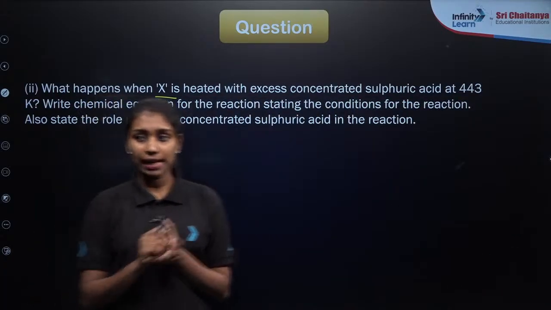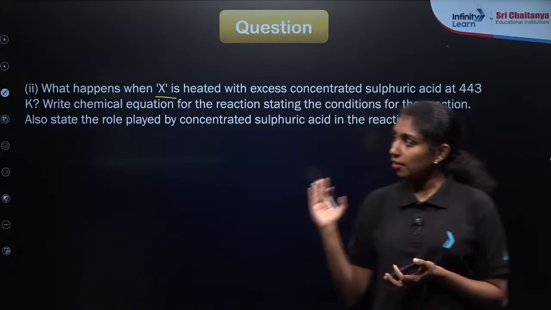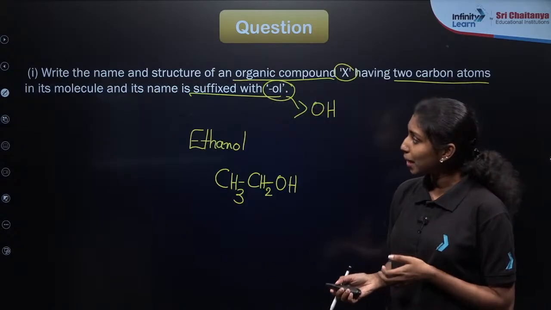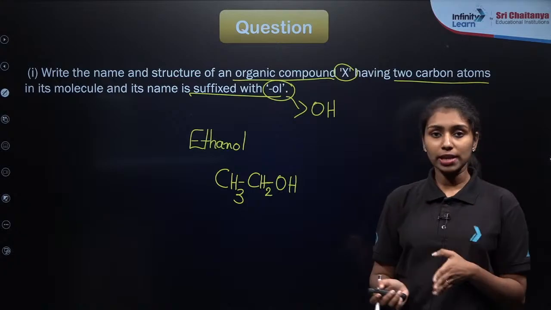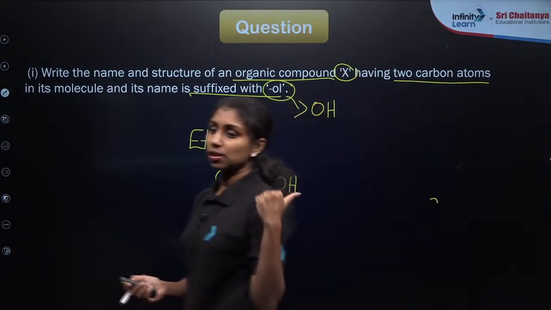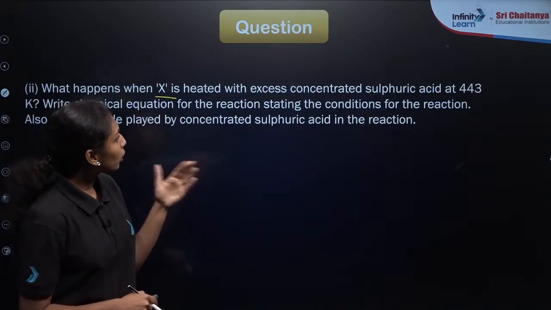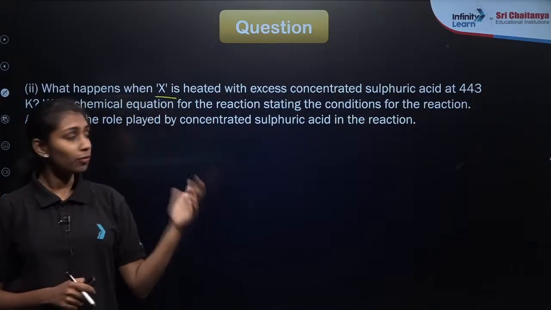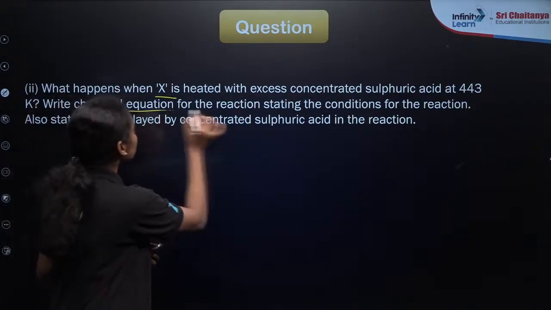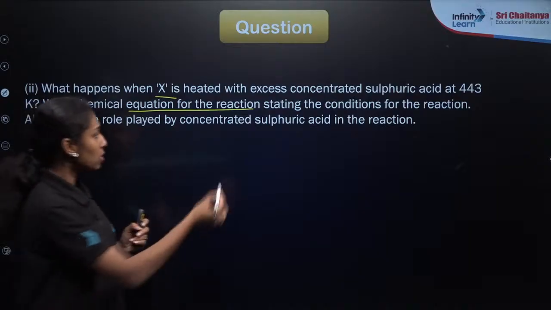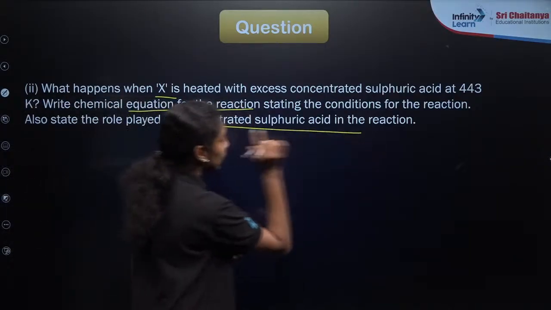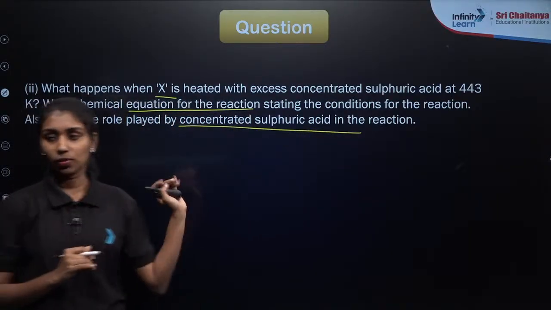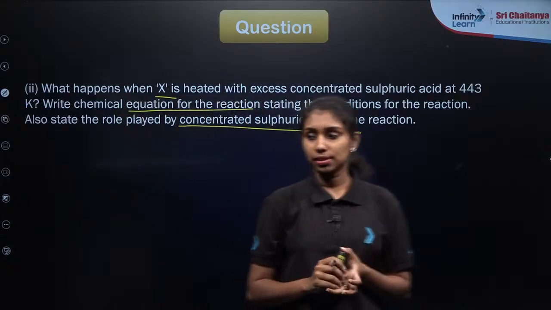Okay, I hope you got the idea about the question. In the first question we have discussed the compound with 2 carbon atoms having the functional group OH, right? Whenever we are treating this particular compound at 443 Kelvin in the presence of concentrated sulfuric acid, what will be the product, what will be the equation for the reaction, and what is the role of this concentrated sulfuric acid in this reaction? 3 questions are here in the passage question given here. So try to answer this.